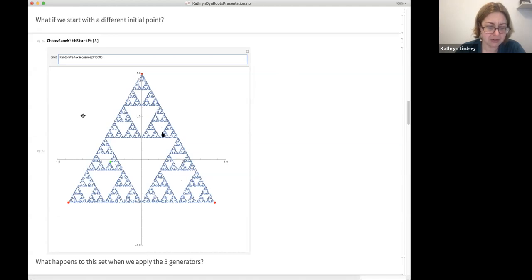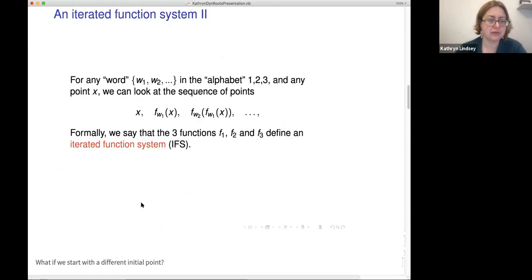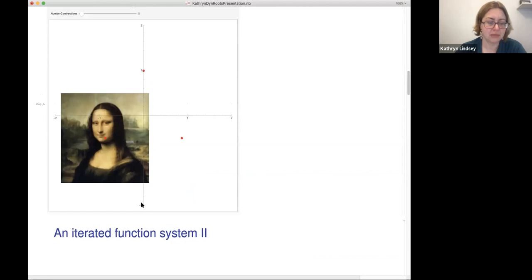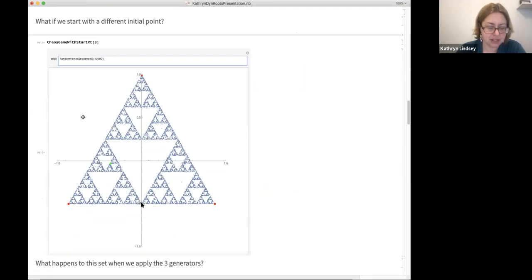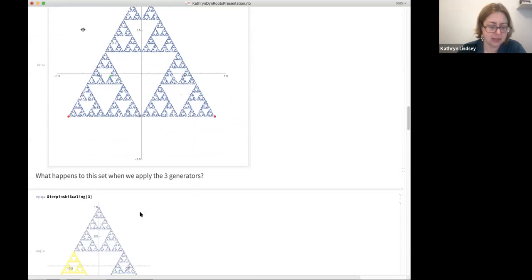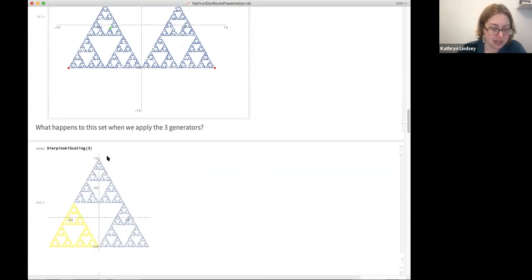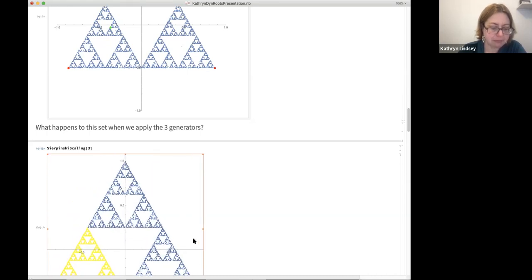So what happens if we apply the 3 generating maps to this shape? Earlier we did it with Mona Lisa and saw what happened when we applied the 3 generators. What if we apply the 3 generators to this set? Here, this set is shown in a bluish purple color.